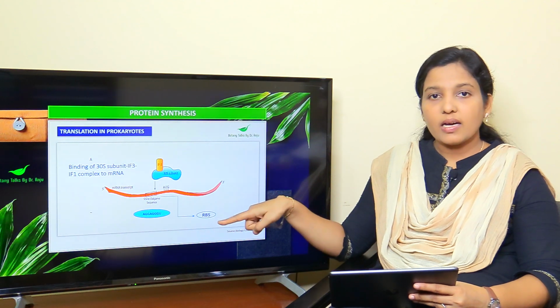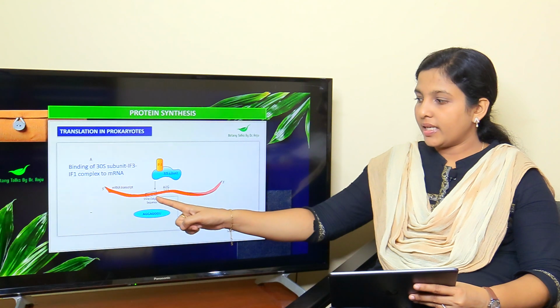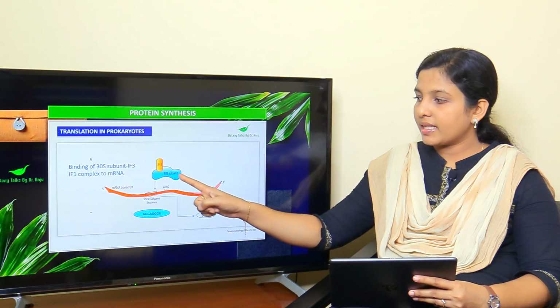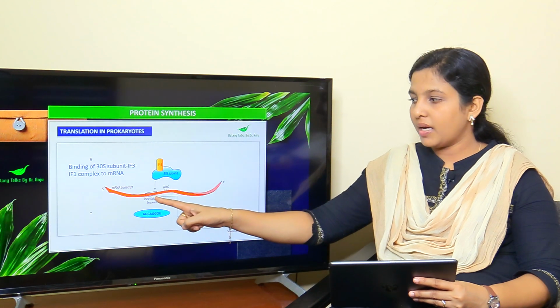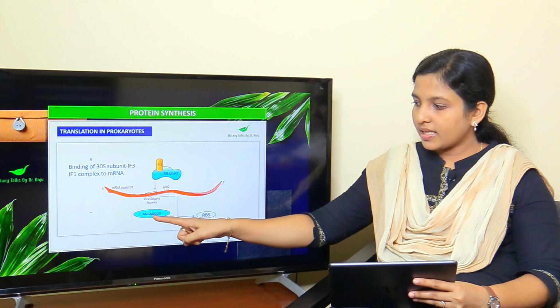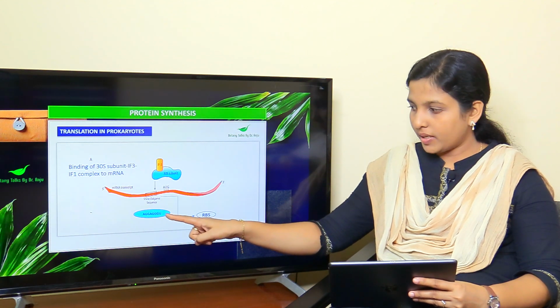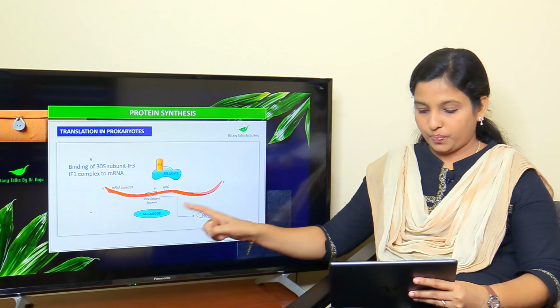RBS represents the ribosome binding site. To this ribosome binding site, the IF3-30S ribosomal subunit complex will come and attach. This Shine-Dalgarno sequence is a purine-rich sequence. It has the sequence AGGAGGU.